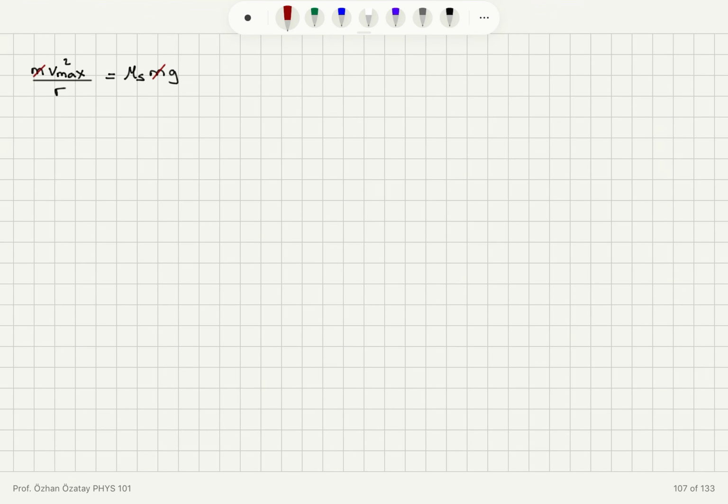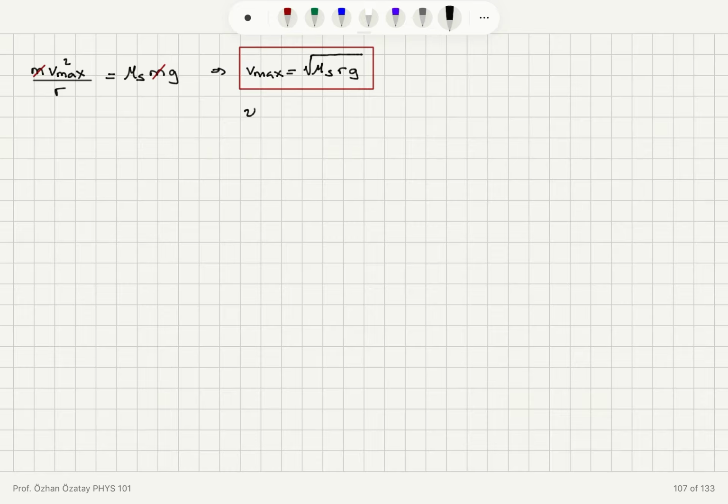The m's will cancel, and we will find a maximum speed for the car to be square root of mu s r g. Now we can substitute the numbers that we have from the problem statement into this answer.